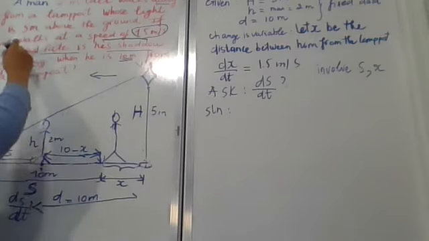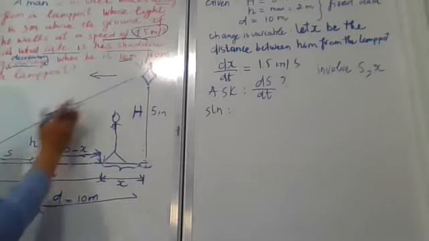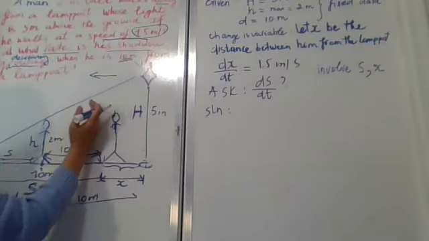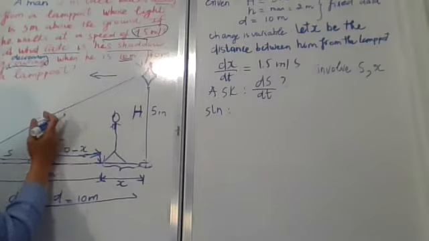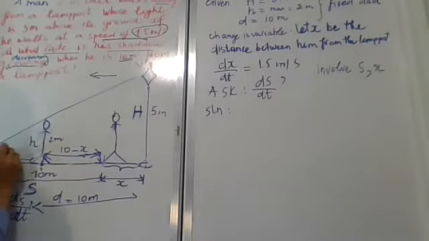So they shouldn't say growing, they should say decreasing. But let's see how it works, okay? If he walks up to here, then we have a big triangle, and then this triangle gets smaller and smaller, including his shadow.